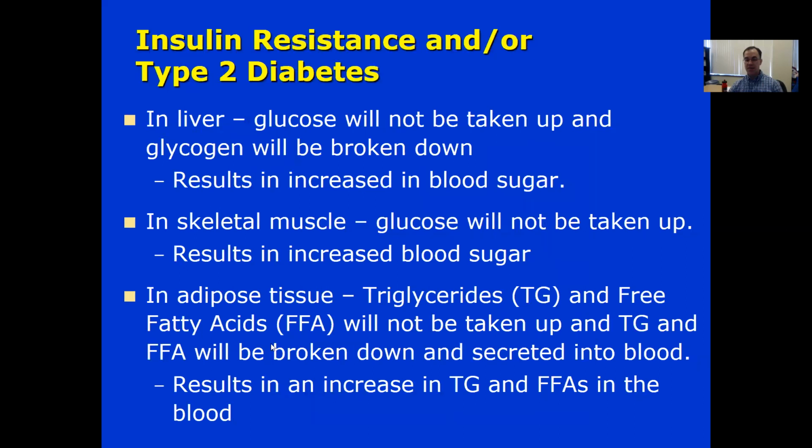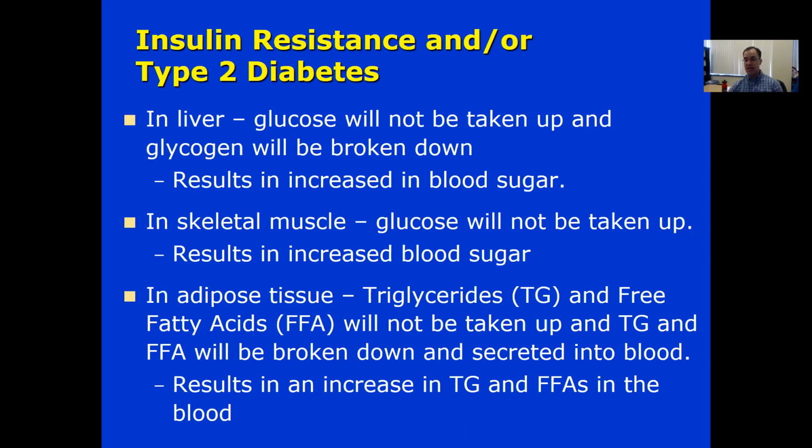At the same time, because insulin is supposed to suppress the breakdown of triglycerides and fatty acids, and because the adipose tissue is now insulin resistant, triglycerides and fatty acids will now be broken down and secreted into the blood because insulin is no longer preventing that.